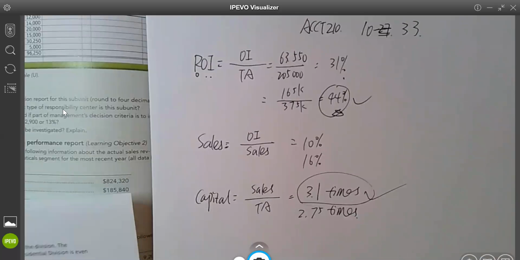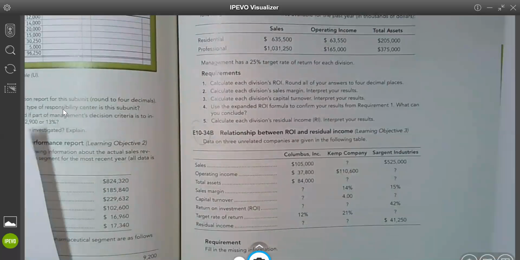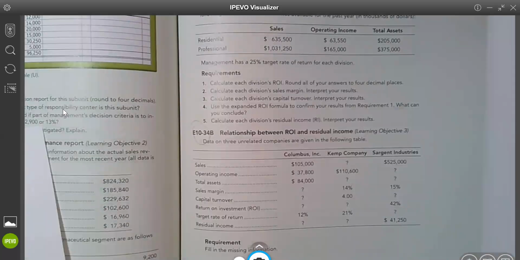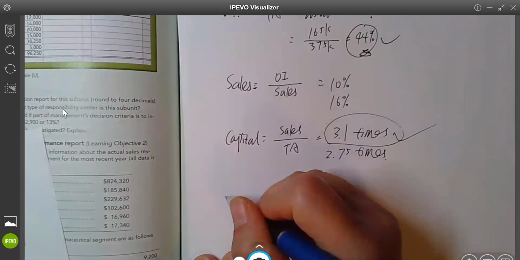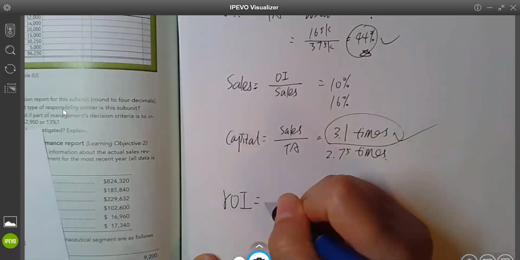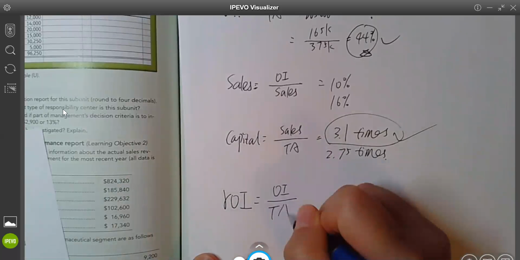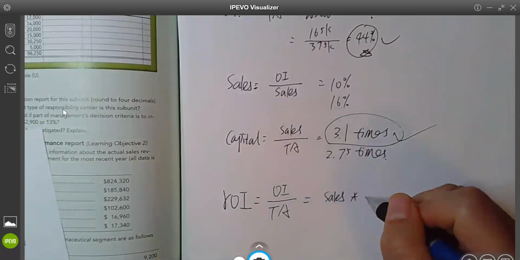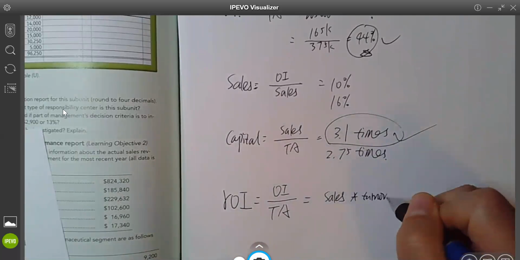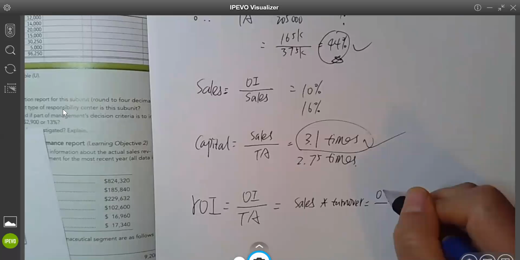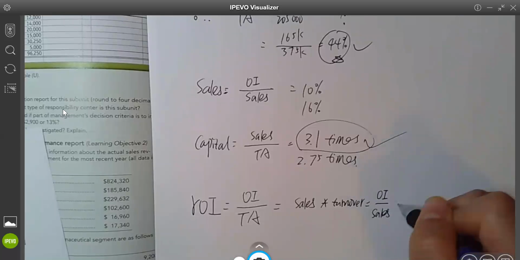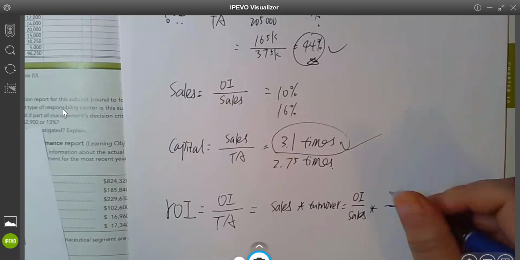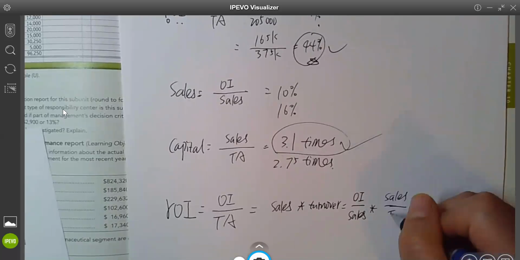And then the fourth one asks you to do the expanded ROI. We talked about that actually. ROI is your operating income divided by your total assets. Actually, it is your sales margin times your capital turnover, because your sales margin is operating income divided by sales, and capital turnover is sales divided by total assets.